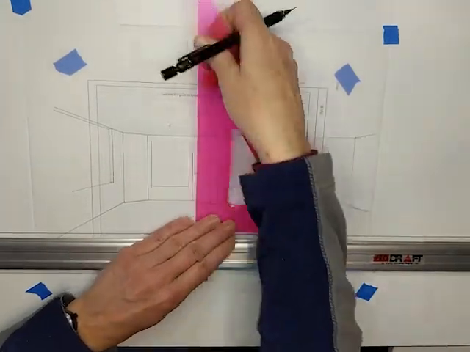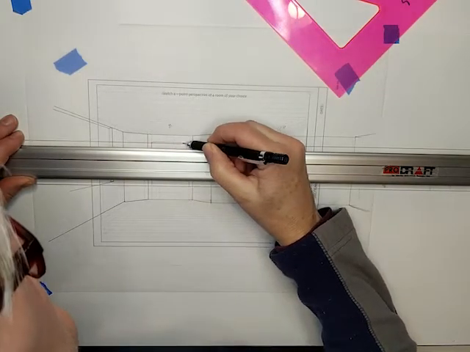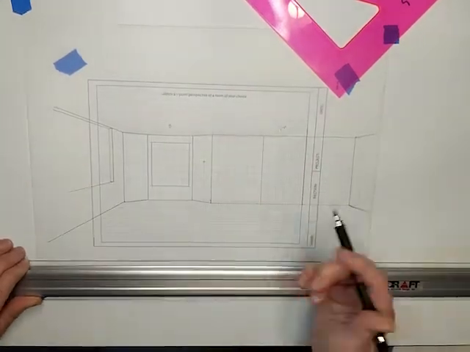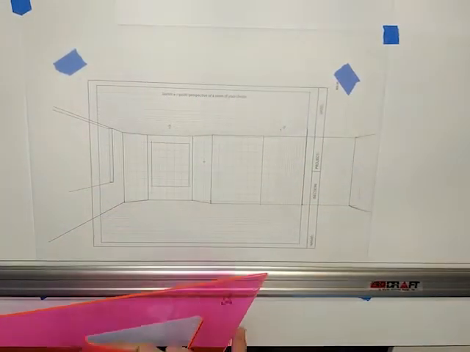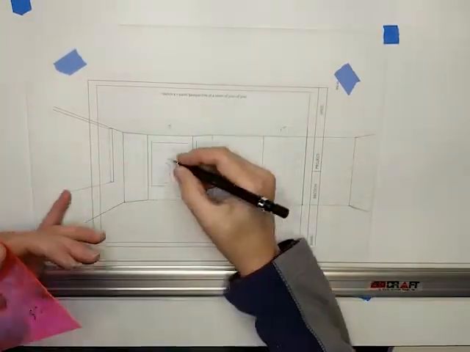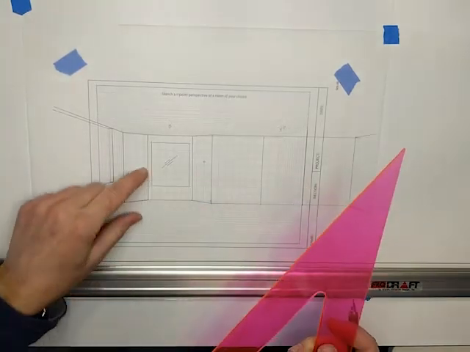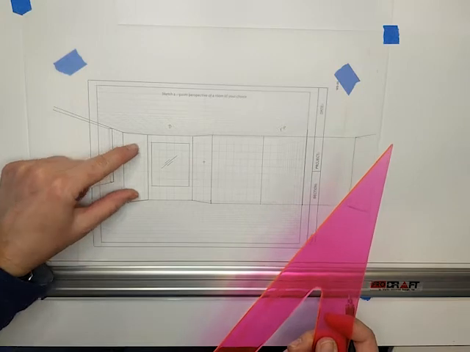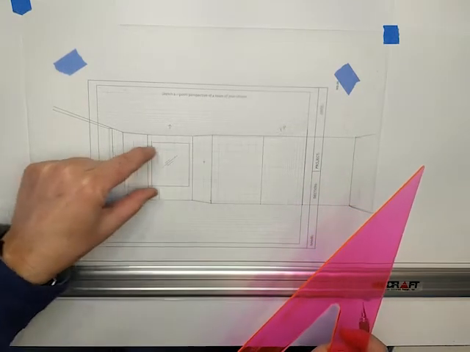All right, that's going to be the bottom part of our window. Okay, there's the top of our window. Now we can do, if we like, shoot, I don't have my 45-degree triangle, so we're just going to freehand that. Now, I need to put windows on the sides.